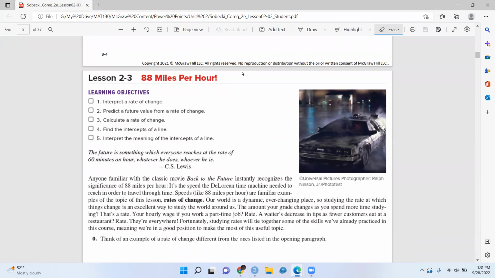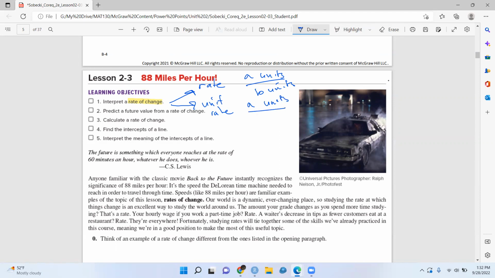Okay, so we're going to look at rates of change. Now we already know rates of change because we did that back in section 1.4, and there were 2 things that we learned with rate of change. One of them is that there's the word rate, and it's A units divided by B units. And then the second thing we connected with that is the notion of a unit rate, and that's A units divided by 1 unit.